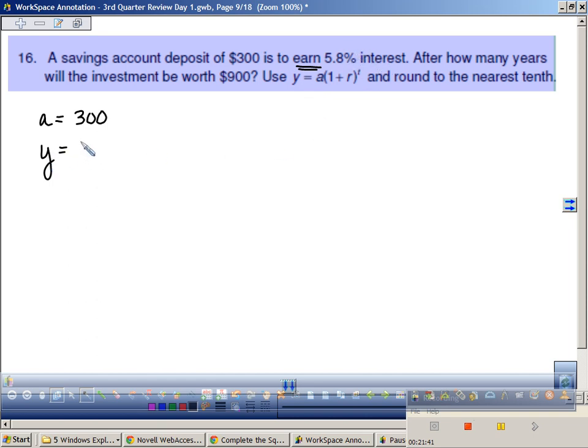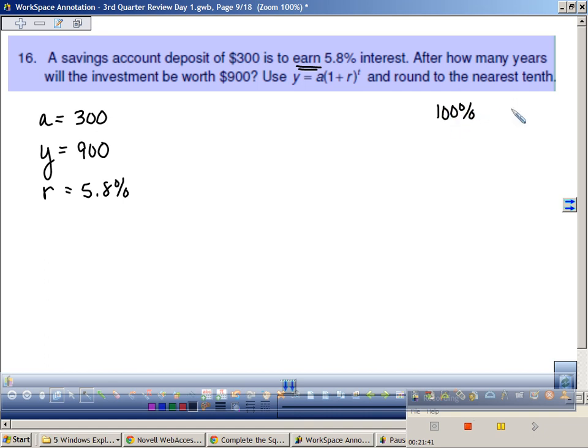How much am I going to get? 900. And did they give me my rate? They sure did. It's 5.8%. I saw this on these tests. I remember. Some people had a hard time with this. If you forget, look at 100%. Remember, I always tell you, if you forget something, take it back to something that's easy.